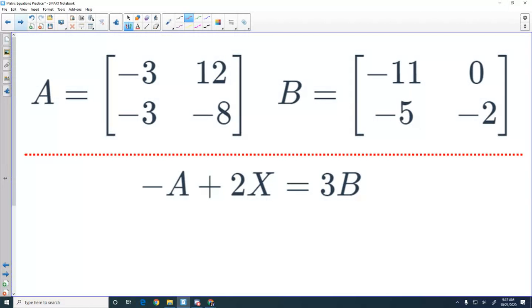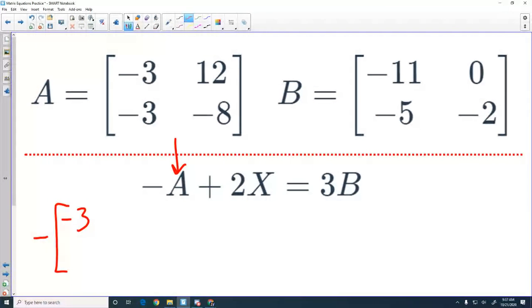So we've got these two matrices, and we're just going to plug them into that equation on the bottom. So first, matrix A has a negative in front of it, so we're going to write negative, and then we're going to just basically put matrix A right there in that spot.